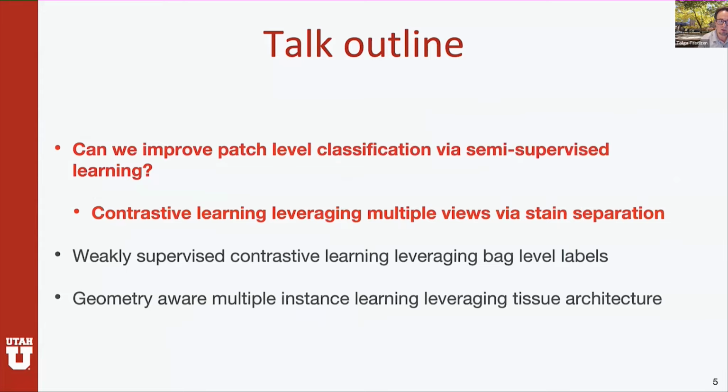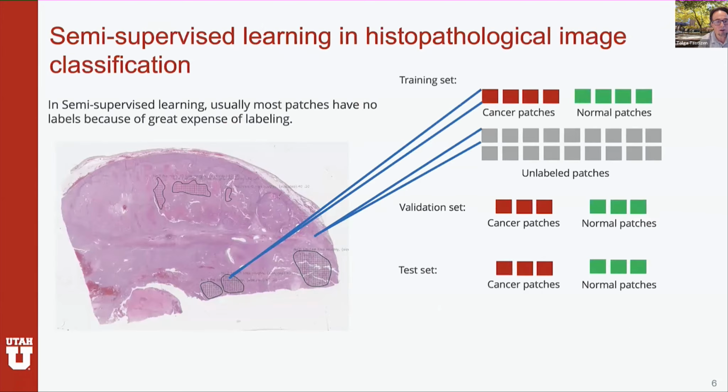So to get into this first part, I'm going to introduce this contrastive loss we've used in conjunction with stain separation for semi-supervised learning at the patch level, right?